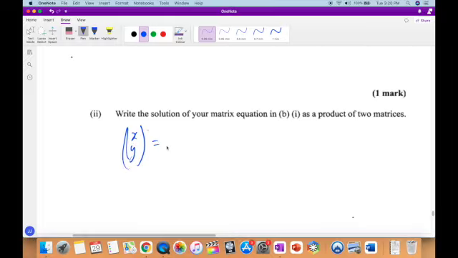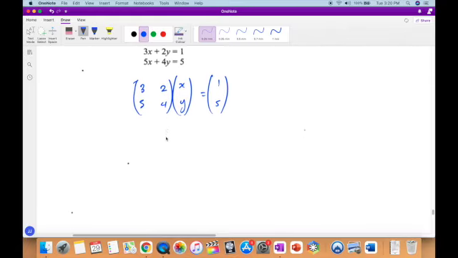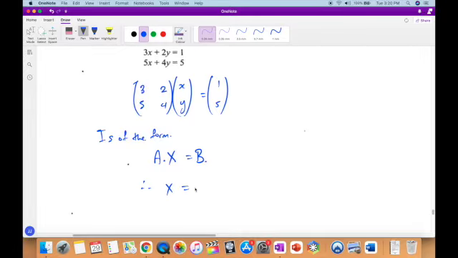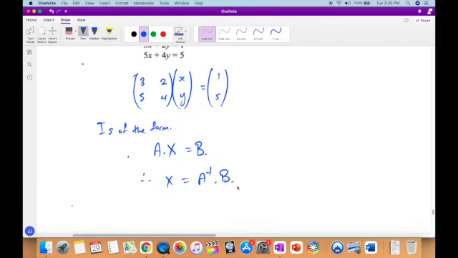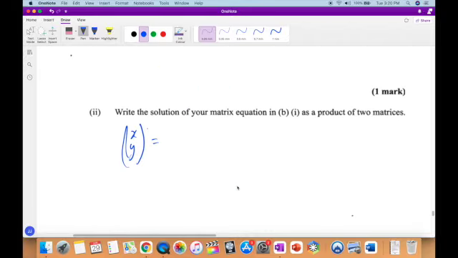So therefore, to find the solution [x; y], it is of the form A times x equals b. Therefore, x is equal to A inverse times b. And so we have here A inverse times b.